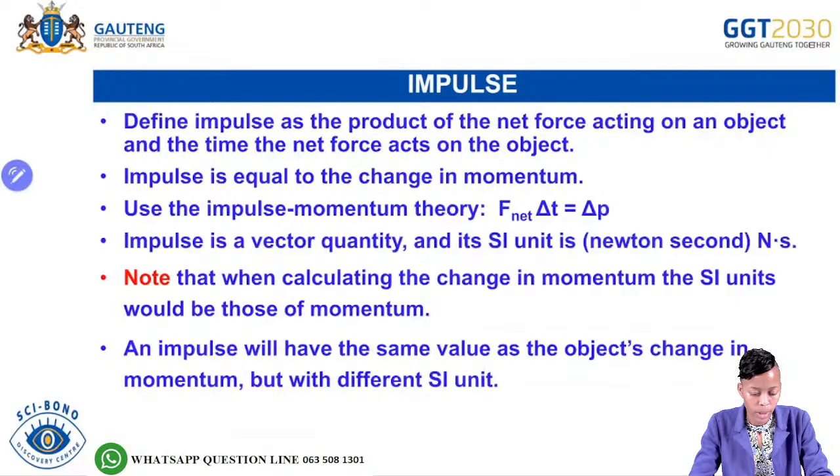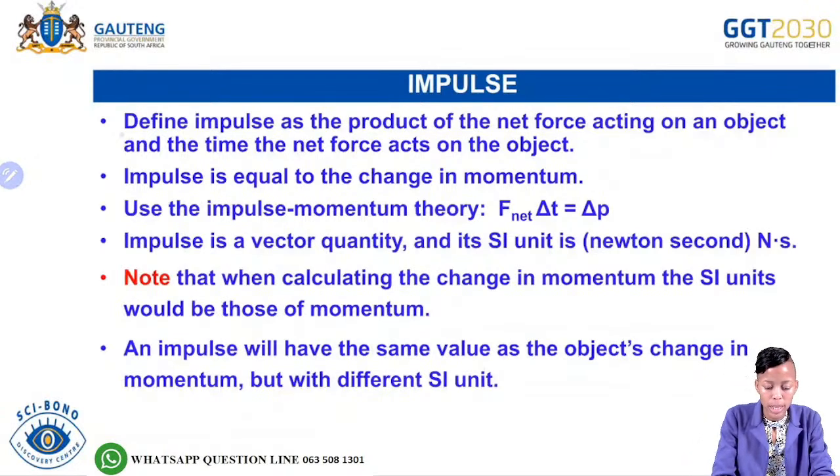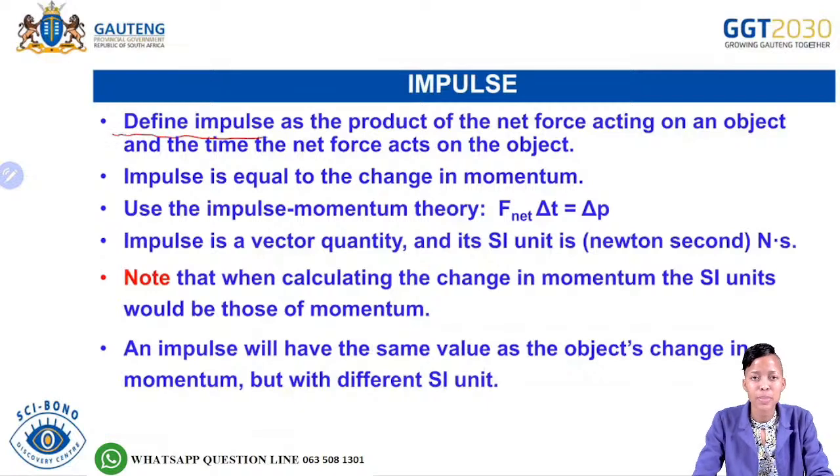Okay. Then with the impulse, you need to be able to define the impulse as the product of the net force acting on an object and the time the net force acts on the object.